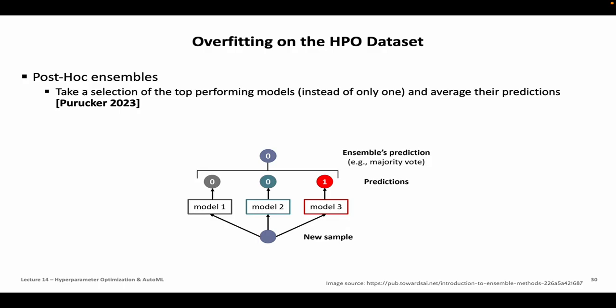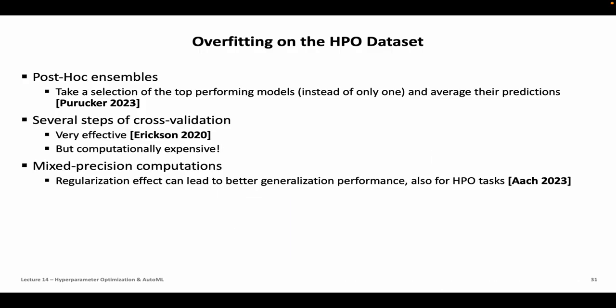Some techniques to avoid that include building post hoc ensembles, so taking a certain number of models and averaging their prediction after training. Instead of measuring the performance on a fixed validation set, you can also do cross-validation, but this is of course very, very computationally expensive, as you need to rerun your training or your evaluation for each cross-validation split.